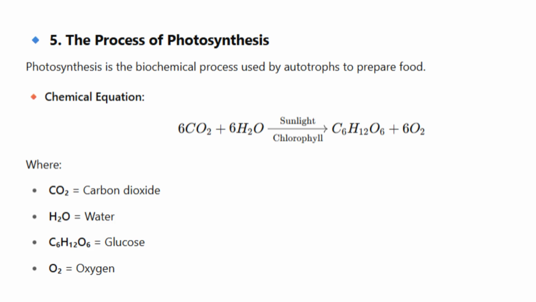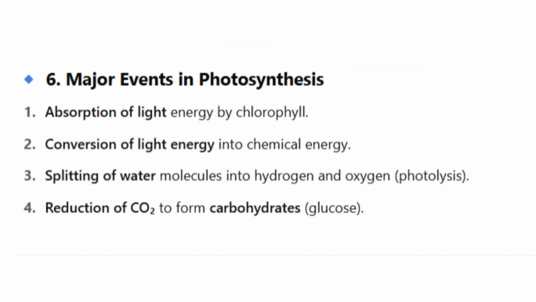Chemical equation: 6CO2 plus 6H2O, in presence of sunlight and with the help of chlorophyll, makes C6H12O6 plus 6O2. Where CO2 equals carbon dioxide, H2O equals water, C6H12O6 equals glucose, and O2 equals oxygen.